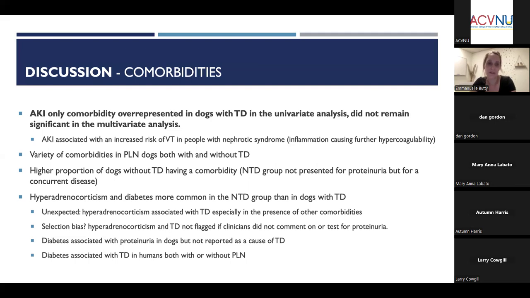What was unexpected is that hyperadrenocorticism in their study was associated with no thrombotic disease. One of their discussion points is that perhaps there was a selection bias, that hyperadrenocorticism was more frequent in the non-thromboembolic group because it was not necessarily investigated. We may not necessarily have had a UPC, and that's why we may have missed it.